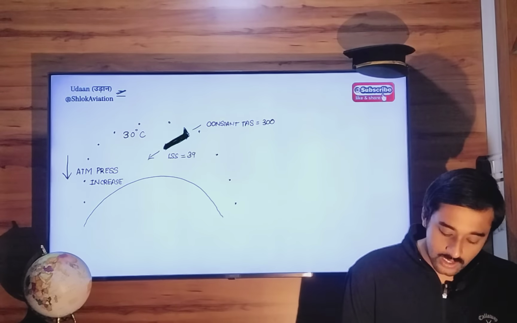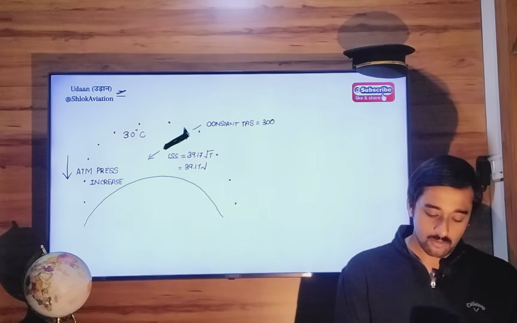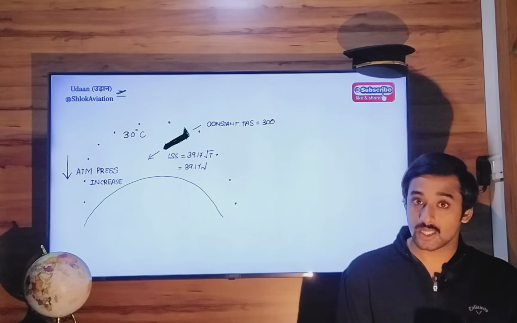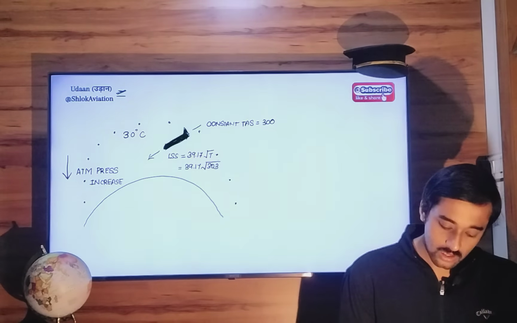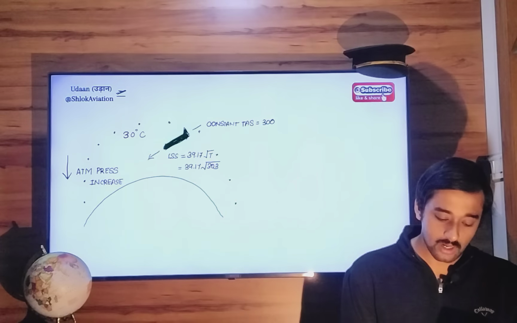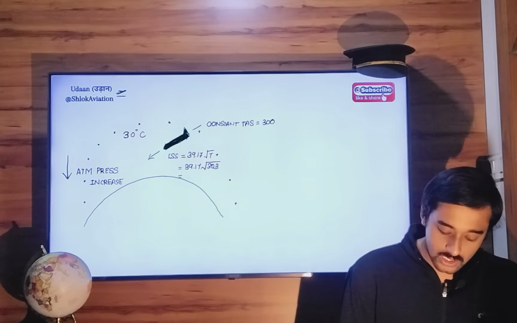So 39.17 square root of temperature in Kelvin is equal to 39.17 square root of 30 plus 273, that is 303 kelvins. So square root of that multiplied by 39.17 is 682 knots.